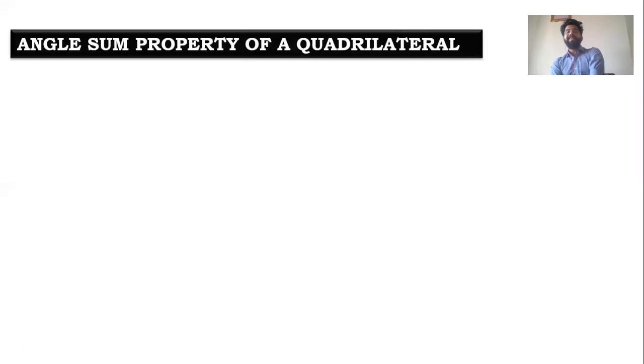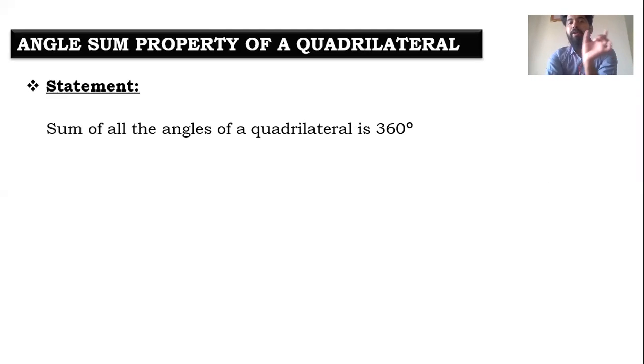So, angle sum property of a quadrilateral. Matlab, we'll just see. The statement is: sum of all the angles of a quadrilateral is 360 degrees.